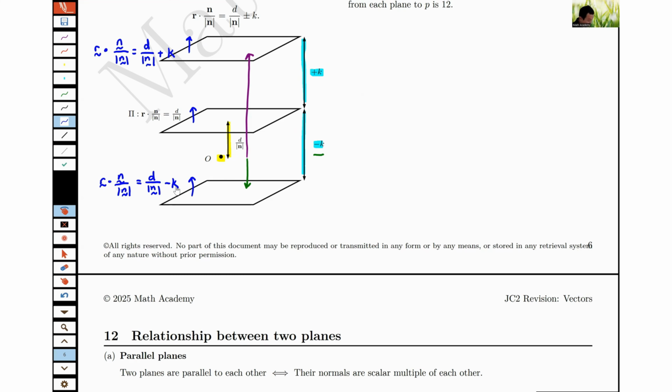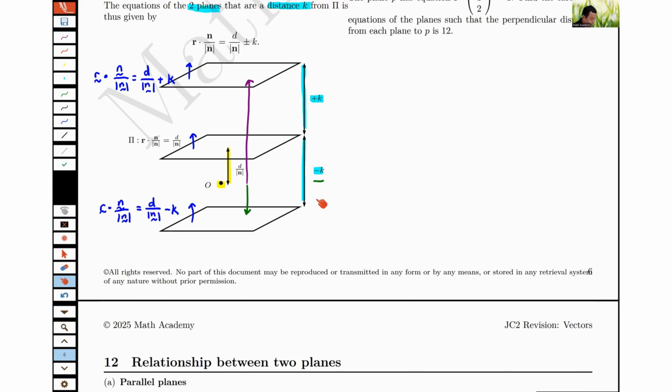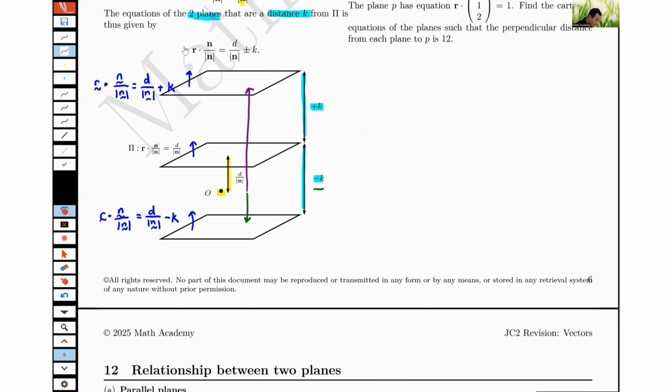This is the logic of how I arrive at the top and bottom plane equations. But if you don't want to visualize this in the exam, if you can memorize this, that would be best. I will suggest that you memorize, but the logic is quite straightforward. Whatever the distance to origin, you just do a plus minus k at the back.